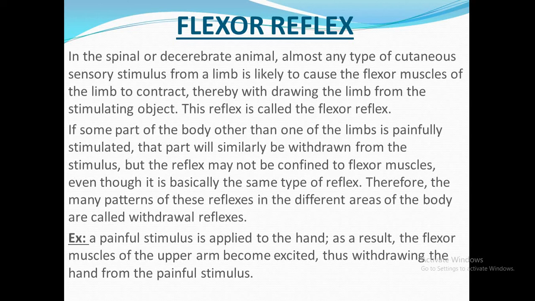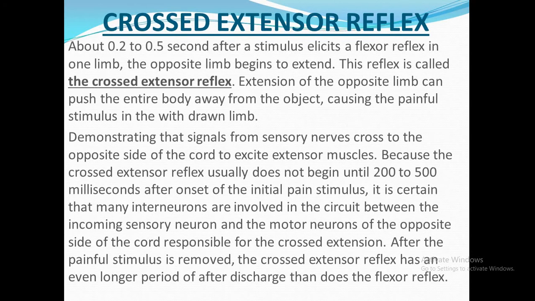Therefore, the many patterns of these reflexes in the different areas of the body are called withdrawal reflexes. For example, a painful stimulus is applied to the hand. As a result, the flexor muscles of the upper arm become excited, thus withdrawing the hand from the painful stimulus.